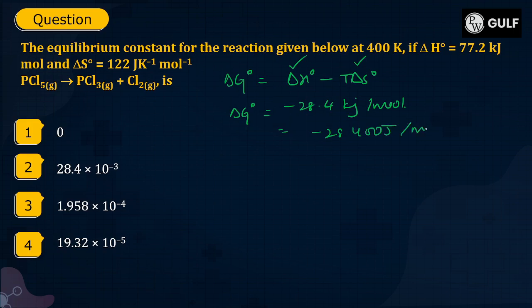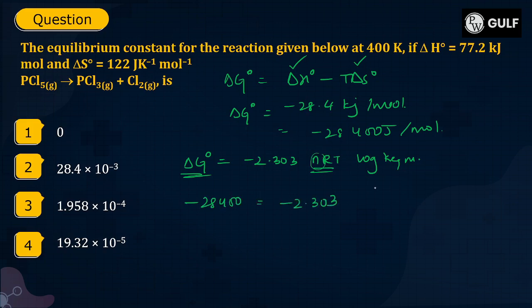Now we also know that delta G naught is equal to minus 2.303 nRT log of K equilibrium. We already have this value, and we have the value of nRT. n is obviously 1 here. So you substitute the values: minus 28400 is equal to minus 2.303 into 8.314 into 400 into log of K equilibrium.